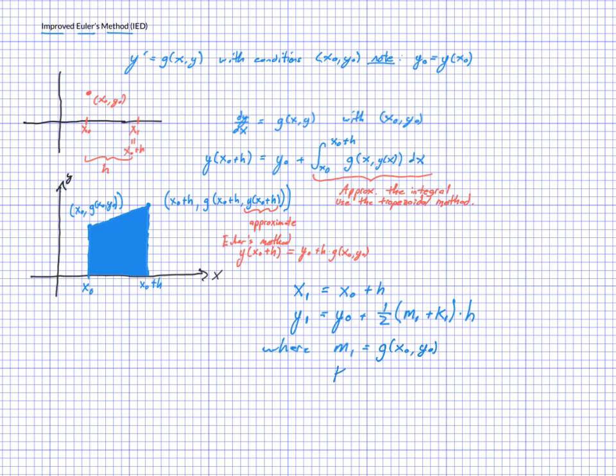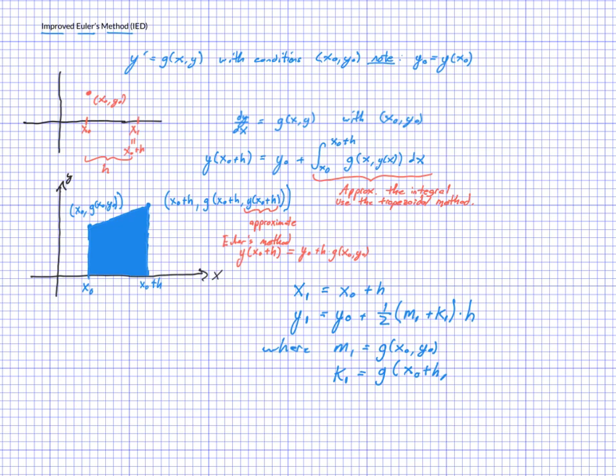And then K1 is going to be equal to g of x naught plus h comma. Now don't forget, I'm going to use Euler's method on the inside to figure this out.